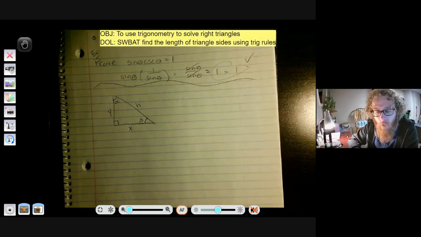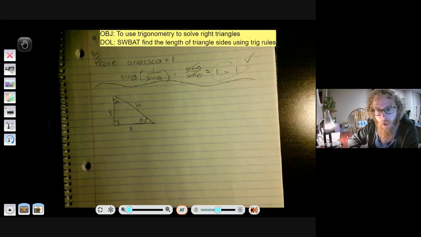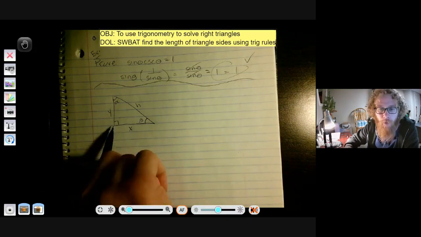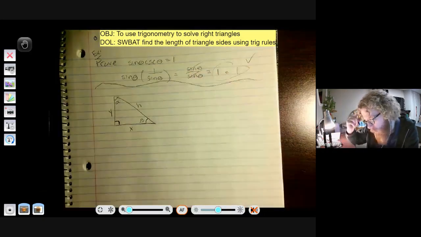Because right now we are dealing with right triangles, we can deduce a few things about our angles here, right? So again, we know a triangle has a total of 180 degrees. And because we're talking about right triangles, we already have 90 degrees accounted for, right? Our right angle is always going to be there.